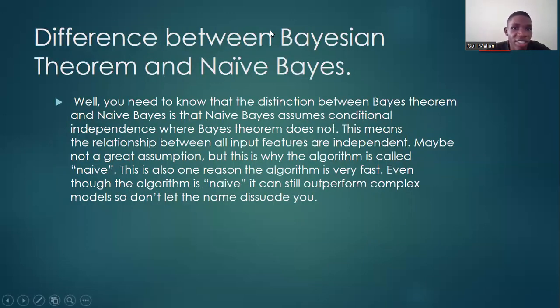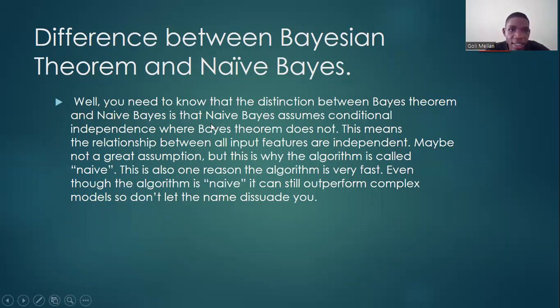So these are some of the differences between the Bayesian theorem and naive Bayes. You need to know the distinction: naive Bayes assumes conditional independence, whereas Bayes' theorem does not. What does this statement mean?